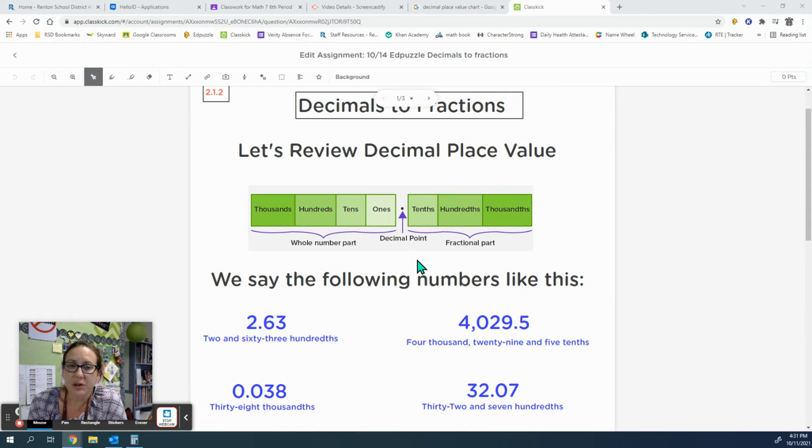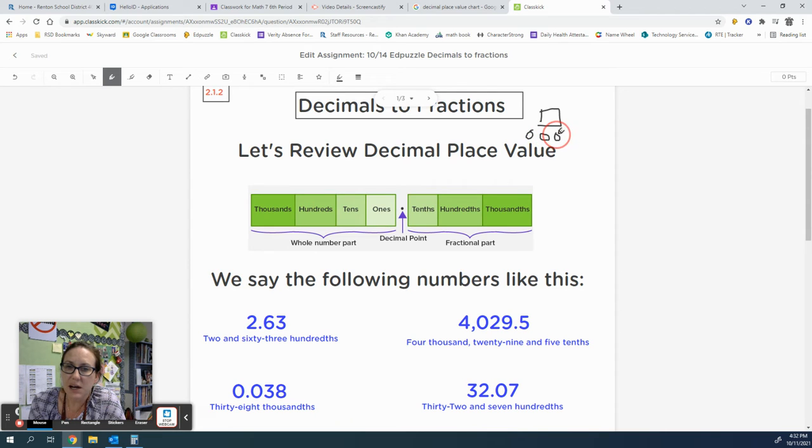But then a couple of years ago, we were like, but now there are smaller pieces than just one. So we started talking about how one whole dollar can be split up into 10 equal parts. Those are called dimes.